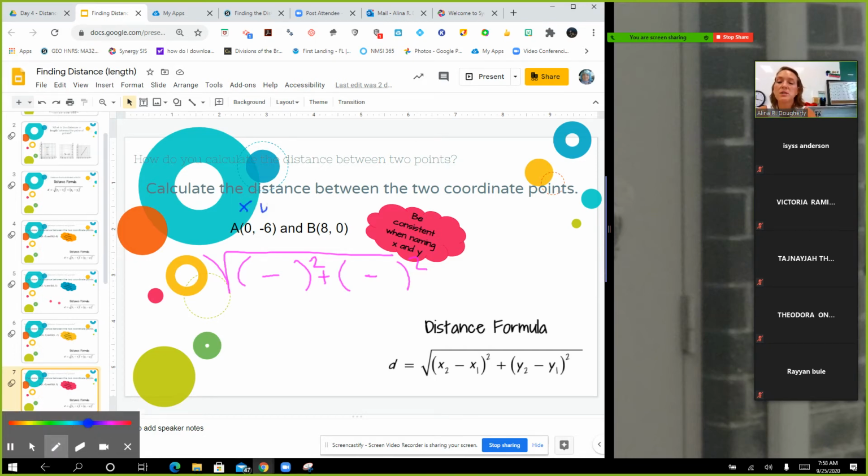Which X do you want to start with and which Y do you want to start with? So what number goes in that first position? 0, -6, or 8?